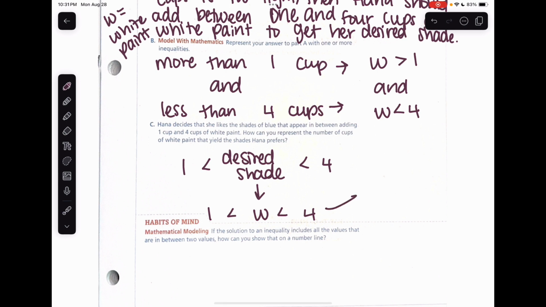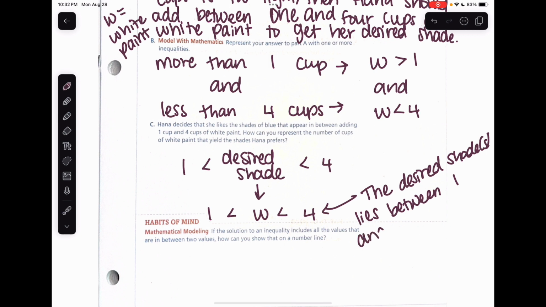And of course, this reads that the desired shade lies between 1 and 4 cups of white paint. Okay?